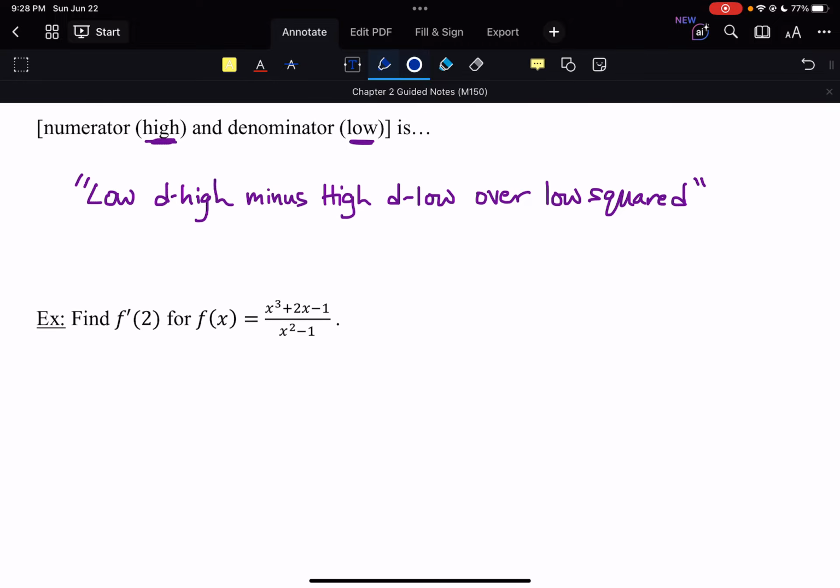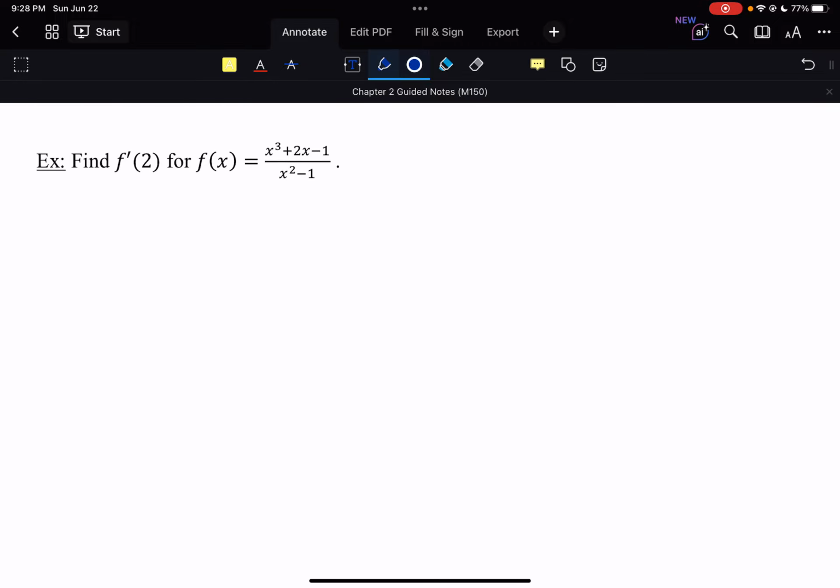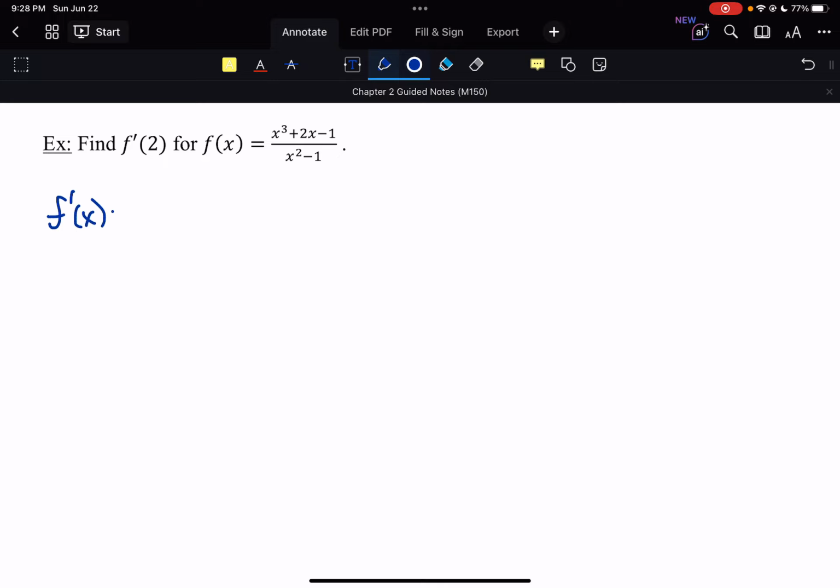So let's try this out. Find f prime of 2 for this function f of x. All right, so we're going to do f prime of x. So we have our low function and our high function.